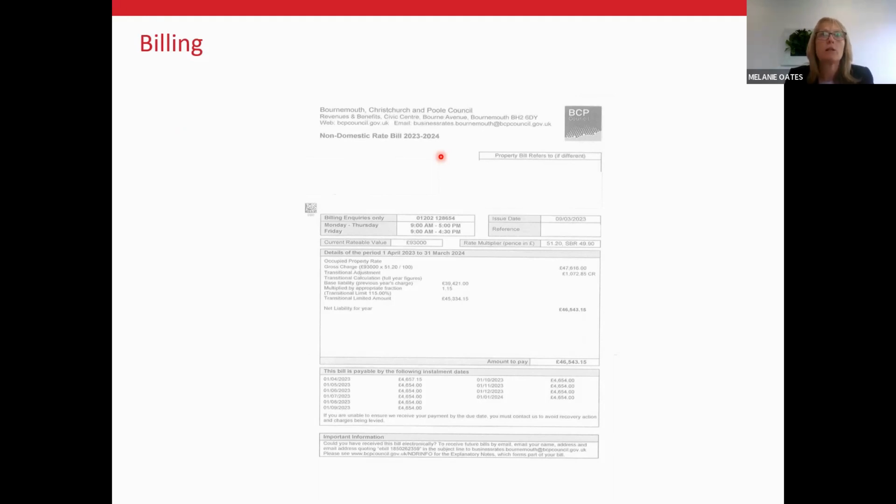Registered charities do get the 80% charitable relief, which is mandatory. You have to be a registered charity, and the discretionary relief comes thereafter. So check with the actual authority as to what they do themselves with regard to matters like that.